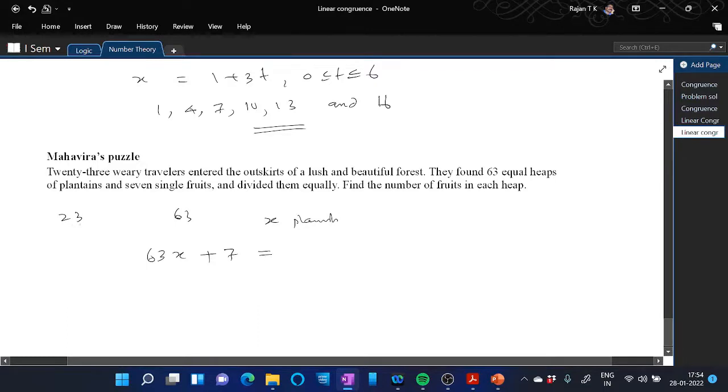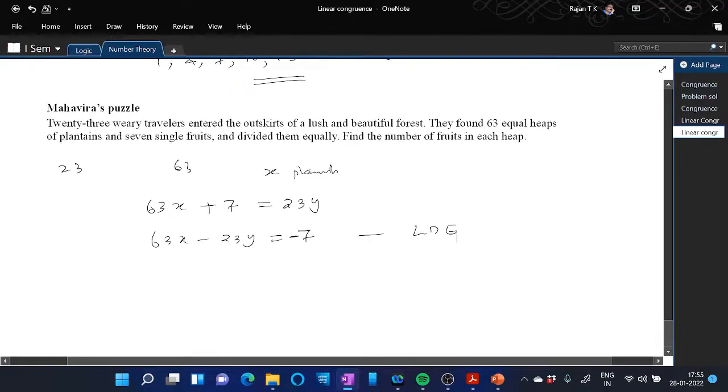Suppose each traveler gets y plantains, which makes 23y. So actually we have to solve 63x minus 23y equal to minus 7, this linear Diophantine equation.